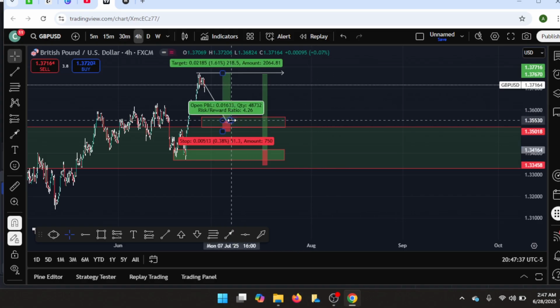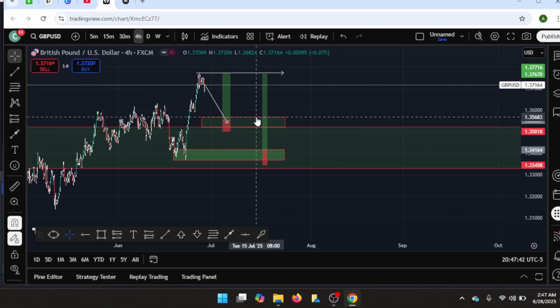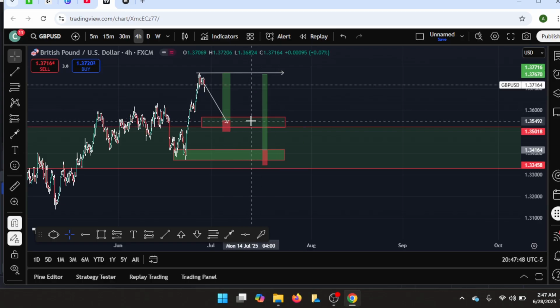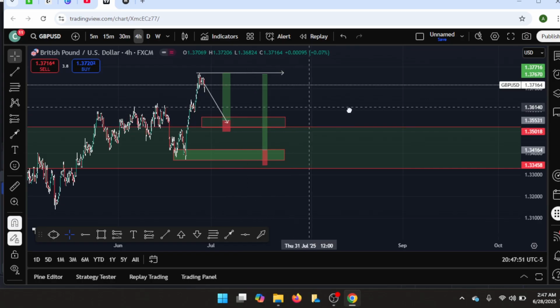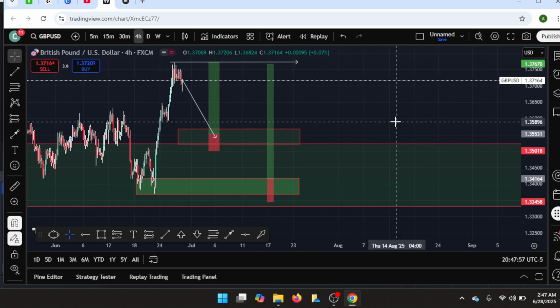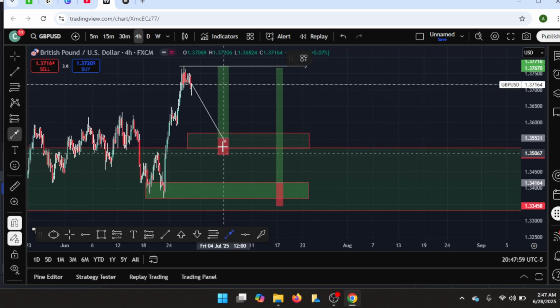So what do I do? I take my pending order in between the 50 Fib and the 61.8 Fib. That is when I execute my trade using pending orders most of the time. Sometimes I may just wait for this zone to be tested, then see a very strong reversal candle.